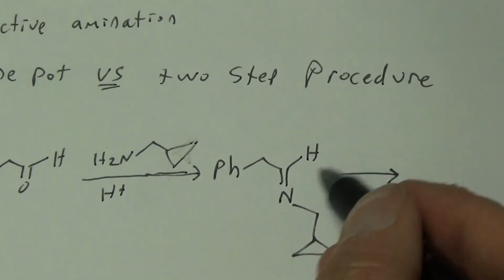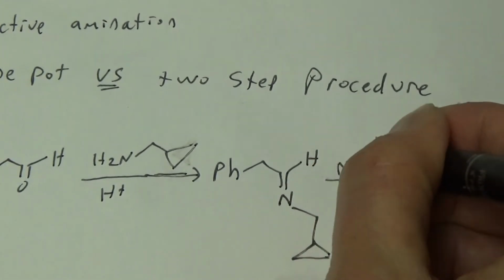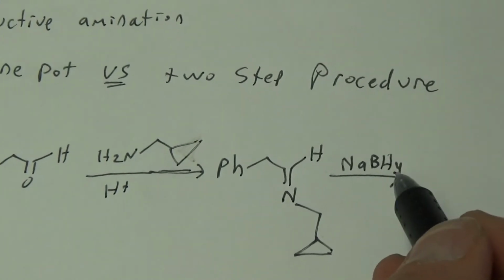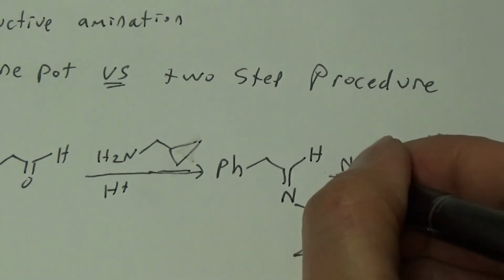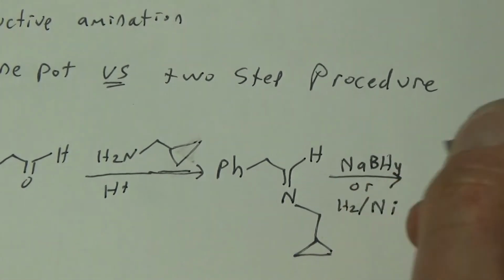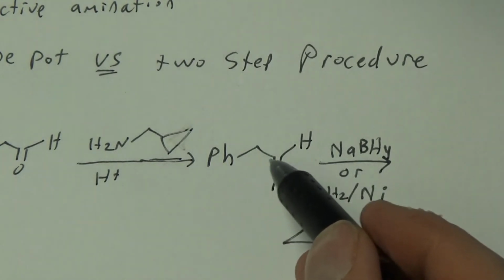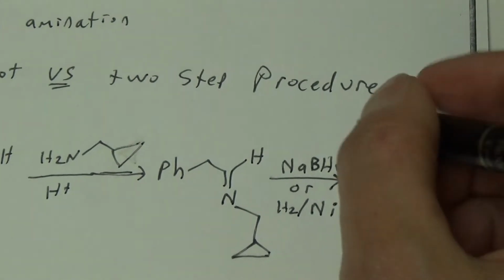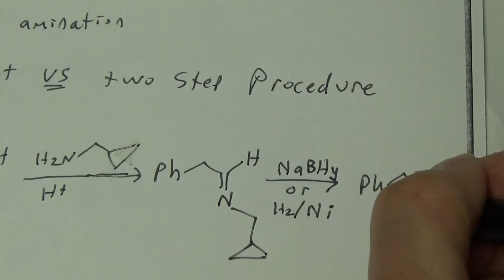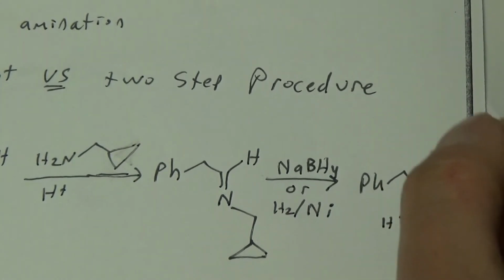Now we can use other reducing agents here too, including NaBH4, which we have seen before, right? We used that for ketones and aldehydes. We also can do this H2 nickel thing, and that just reduces it, because the net goal is to reduce the imine to an amine, and your final product is that.